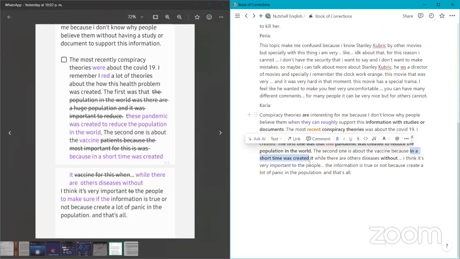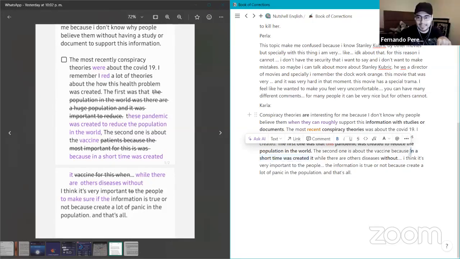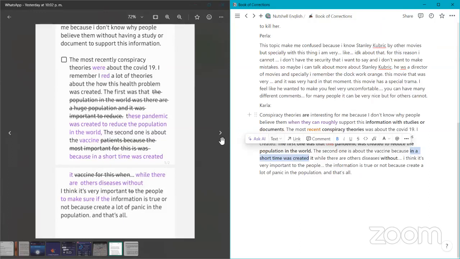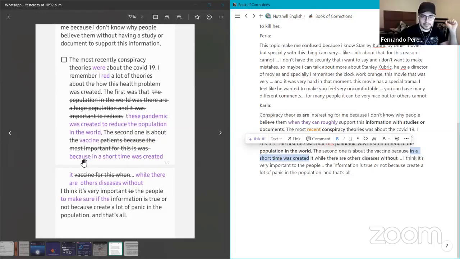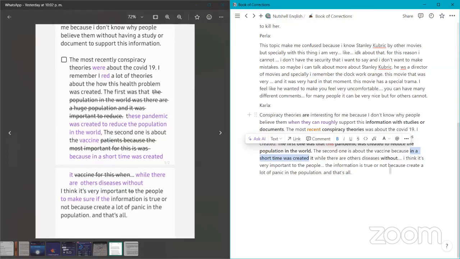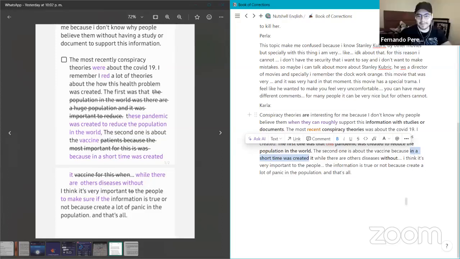I am trying to highlight the parts that we need to rephrase. The parts that are not highlighted, don't touch them. Actually, you said it over here. It's about the vaccine because, you see, so don't touch that part. What about the rest?